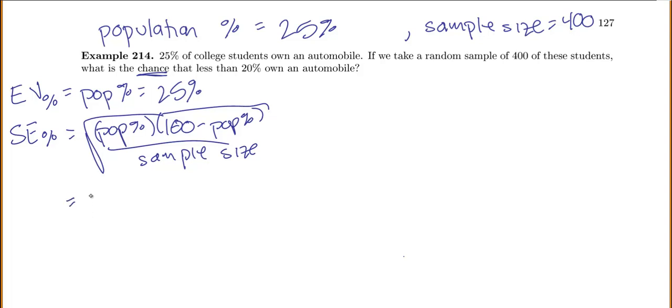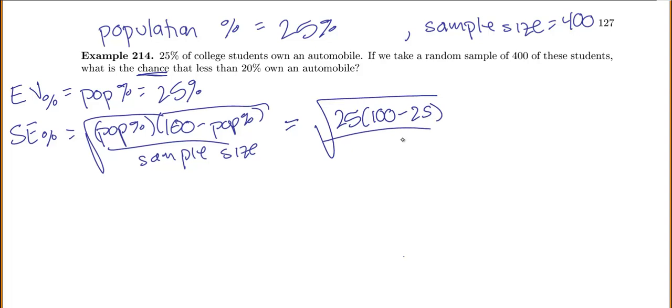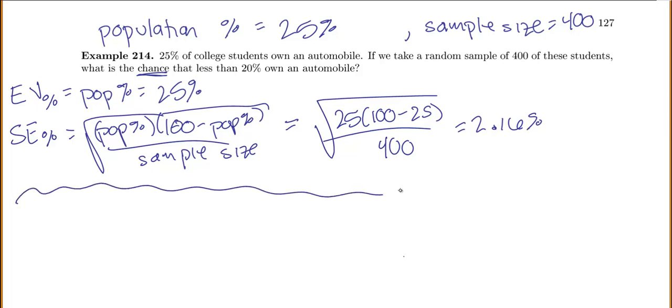This is going to be the square root of 25 times 100 minus 25 divided by 400, which equals 2.16%. Now, that's just the first part.